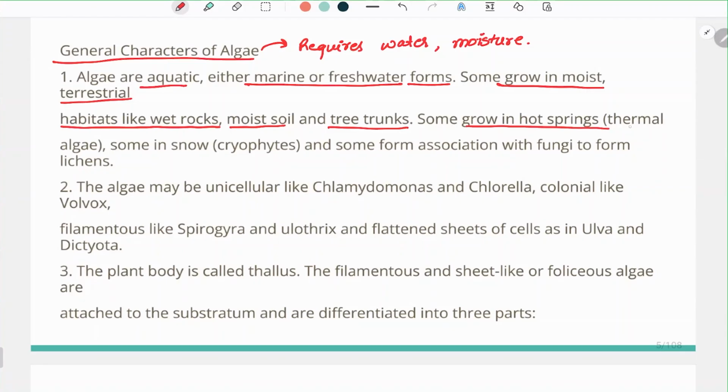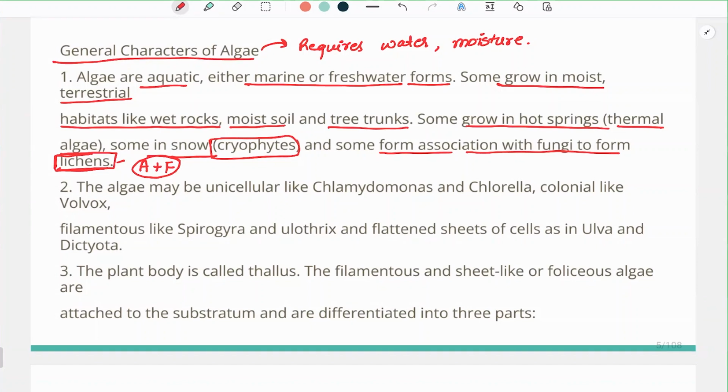Some grow in hot springs, like thermal algae, some in snow, and some form an association with fungus to form lichens. We have seen what lichen is. Lichen is the association of algae plus fungus, a very important commensal relationship, because it is very important in the succession of rocks and bare land, where lichens are first seen, and it is also a very important indicator of pollution.